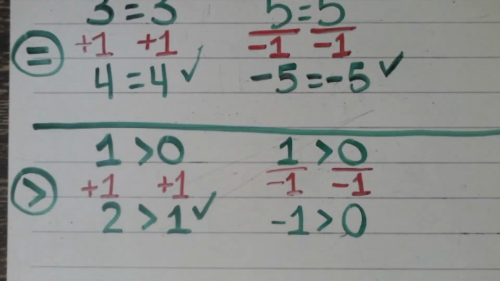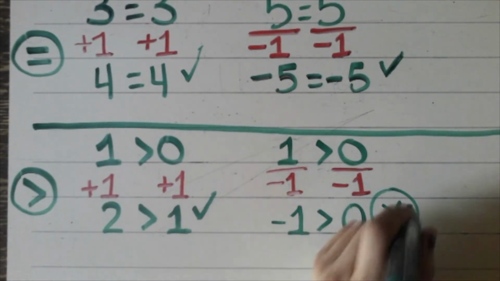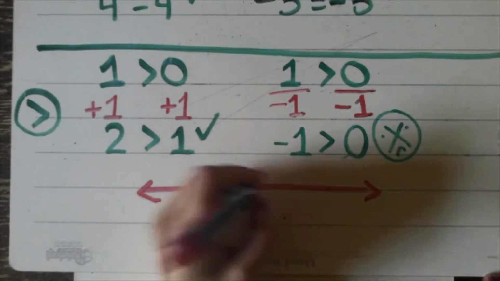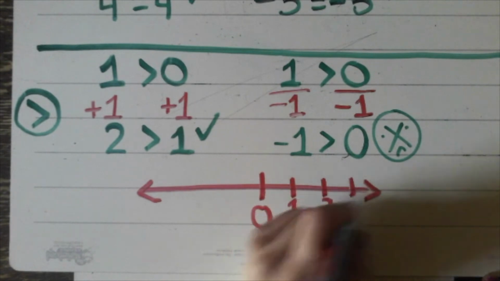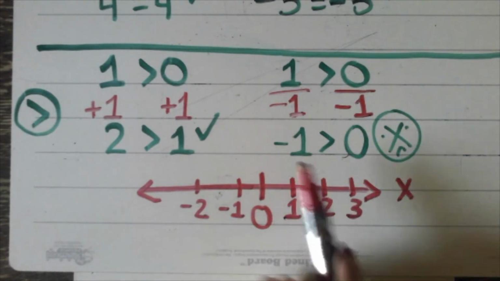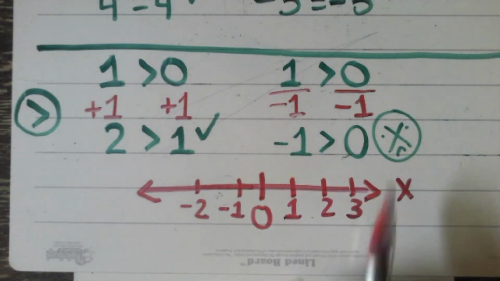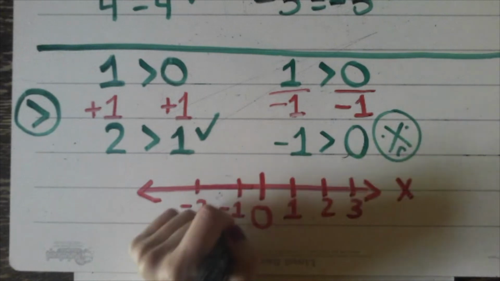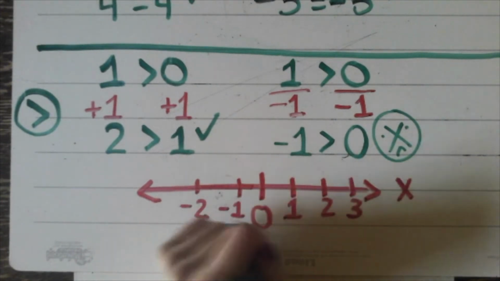We have to make this work, but it's just not true. Negative 1 is on the left on the number line, and on the left we have negative numbers. We have smaller numbers. So when I look here and I say negative 1 is greater than 0, I know that that's not going to work.